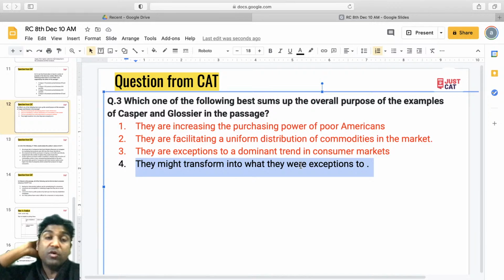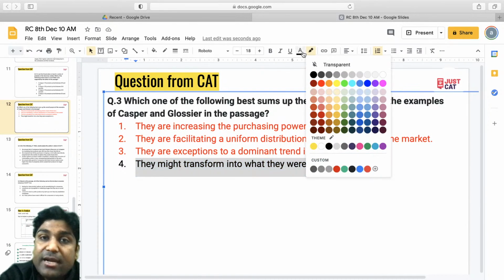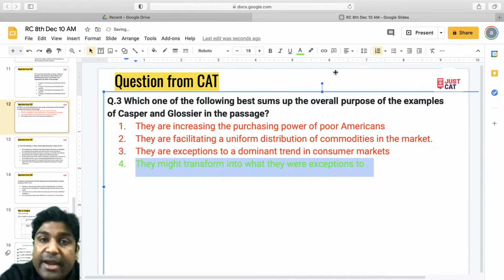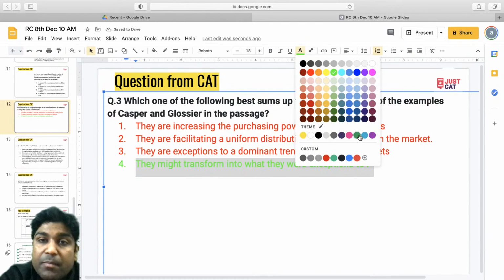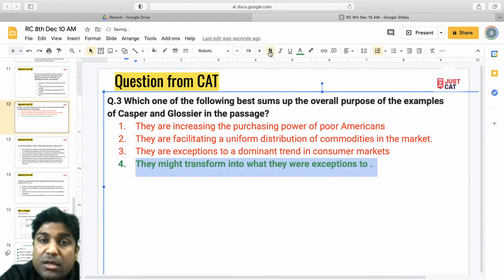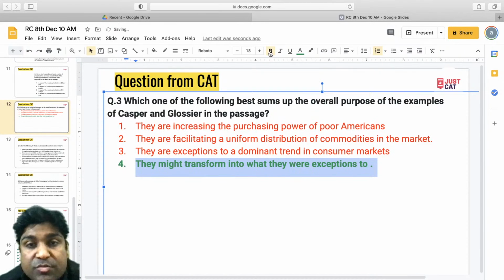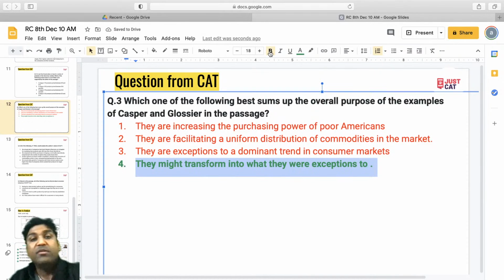The author mentioned Casper and Glossier because they might transform into what they were exceptions to. Remember, they said that they will end up becoming like the other companies to which they were exceptions. Why? Because they have been funded by investors who will expect a quick buck in return for the investment that they have made.